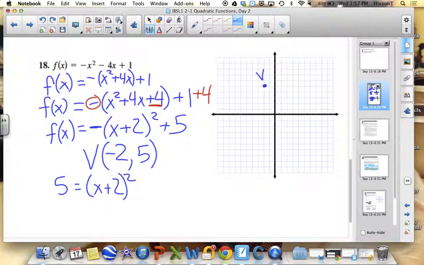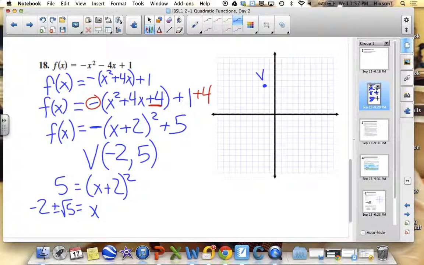We square root both sides and get x plus 2 equals plus or minus root 5. And then we subtract the 2 from both sides. So our zeros are at negative 2 plus radical 5, 0, and negative 2 minus radical 5, 0.